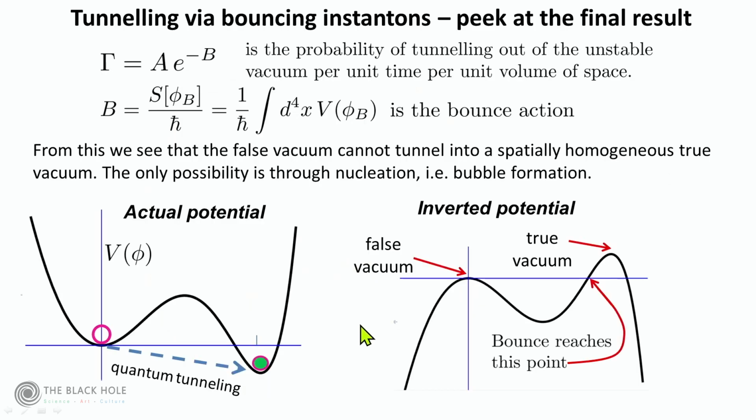Okay, so without having derived this, let me tell you the result that we are going to get. We will be able to calculate the probability of tunneling out of the false vacuum into the true vacuum. This has to be per unit time, per unit volume of space.